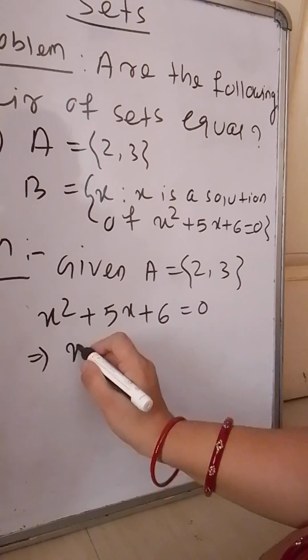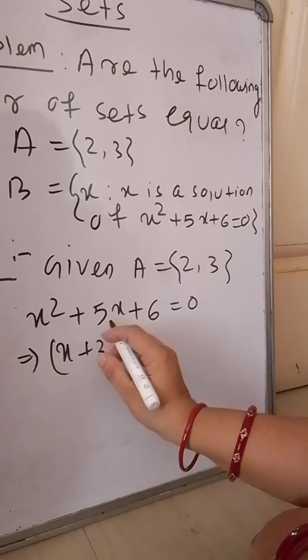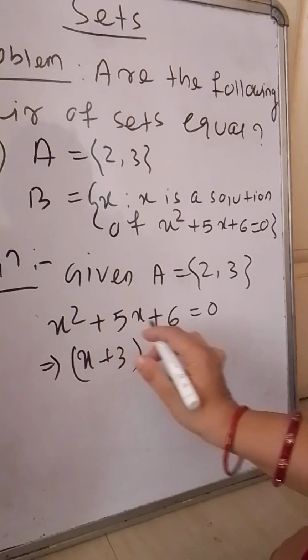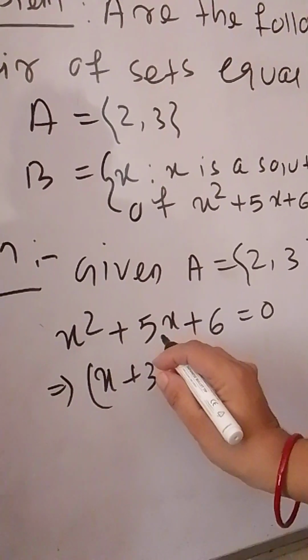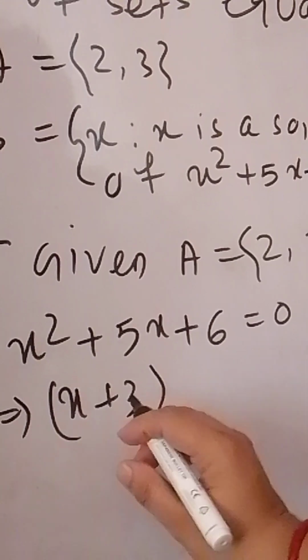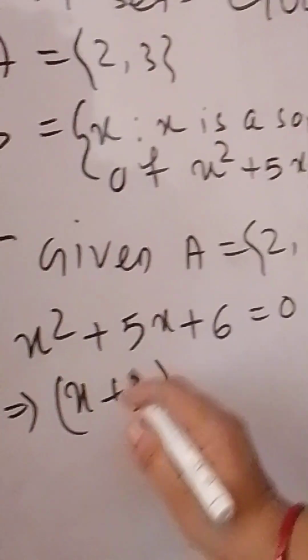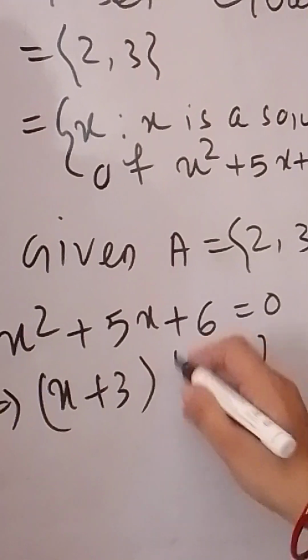So this is a quadratic equation. It can be factorized. The x coefficient is 5 and 6 is the constant term. So try to find two numbers whose sum will be 5 and product will be 6. So 3 and 2: one factor is x plus 3, another factor is x plus 2.